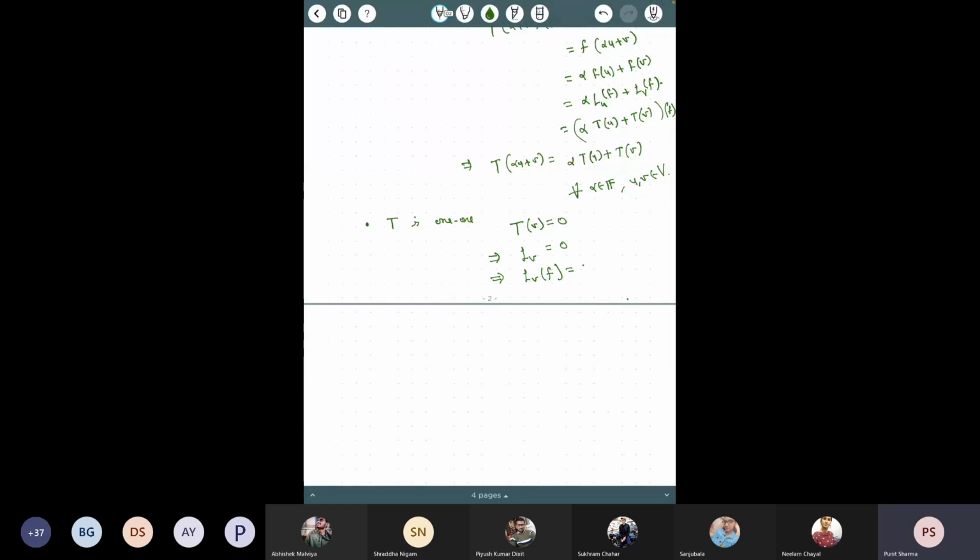But by definition, LV of f is f of v equal to 0, and this is true for all f in v dash. Now from here, can we say that v equals 0? So f of v is equal to 0 for all linear functionals on v. Can we say from here that v is equal to 0?